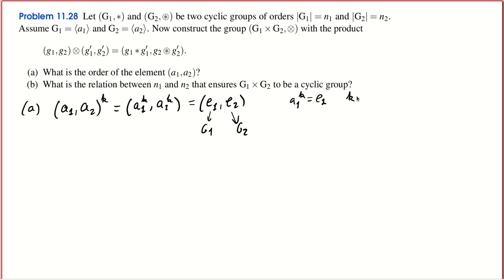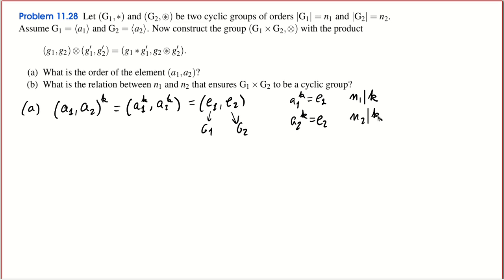Let's put it in a different way: N1 divides k. Remember, N1 is the order of the group and the order of any generator, in particular this one. So if this is equal to the identity, k must be a multiple of N1. Similarly, if A2 to the k is equal to E2, then N2 must divide k.